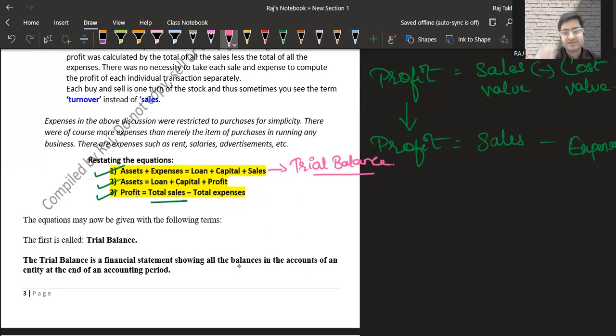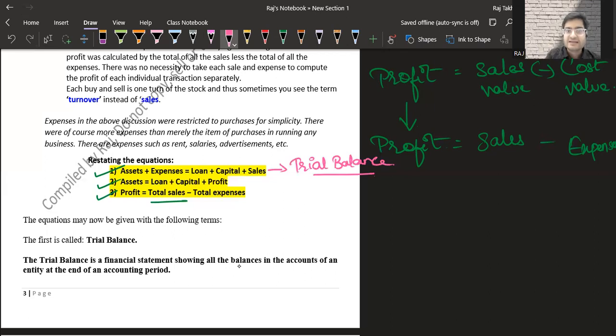Some have debit, some have credit, and the sum total of all the debits is equal to the sum total of all the credits. Like you also might have studied in accounting concepts and conventions, there's a duality principle that says that for every debit there is an equal and opposite credit, and vice versa.